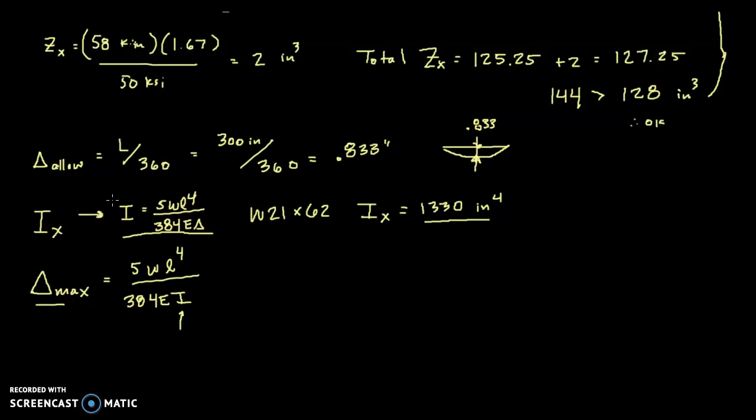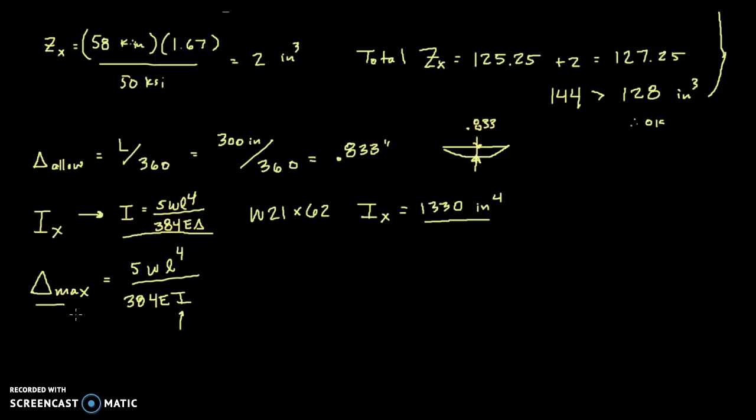I like to solve for I, because if our beam does not have a big enough moment of inertia and it deflects too much, if we just plug the 1330 into here and we find that the deflection is too much, then we have to choose a stiffer beam, but we don't know how much stiffer it needs to be.